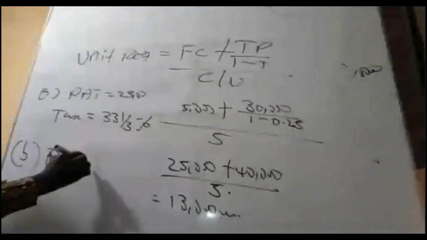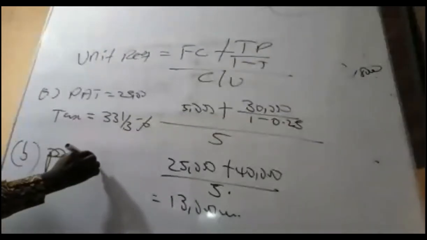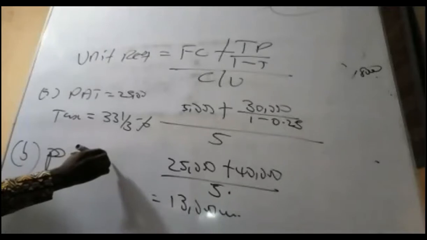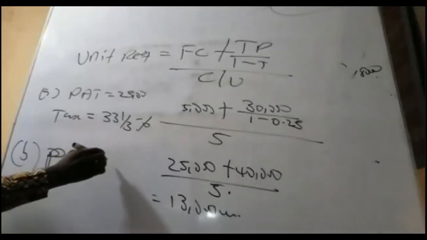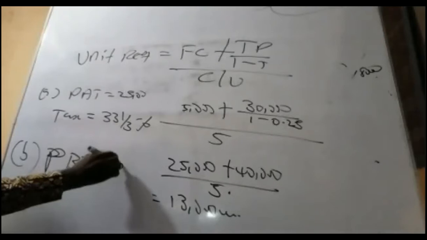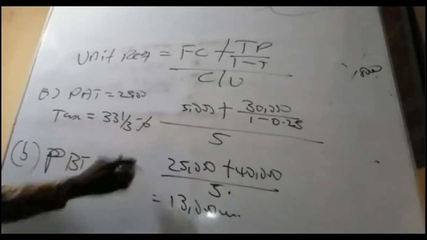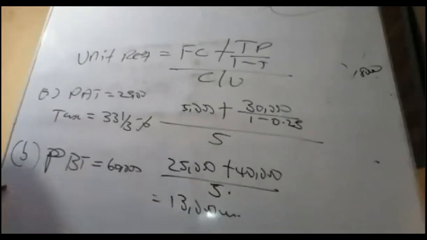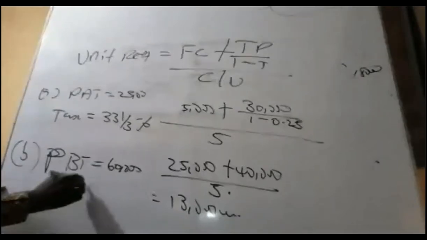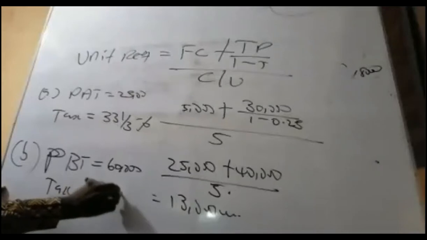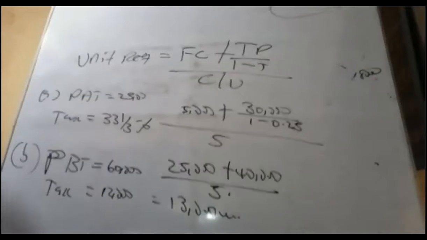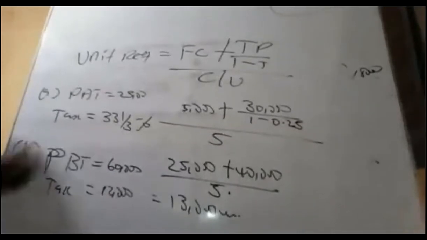Profit before tax is equal to 60,000, where tax is equal to 12,000. That's all. You are solving these two. So in each case, tell me the units required.